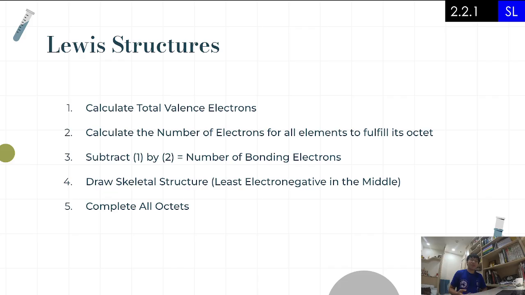However many bonding electrons there are, 2 bonding electrons make a bonding pair, so we can figure out how many pairs there are in this model. Then we draw the skeletal structure, usually with a unique atom in the middle, or sometimes the least electronegative one in the middle. And we want to complete our octets and make sure it fits our previous calculations. So let's do two examples.